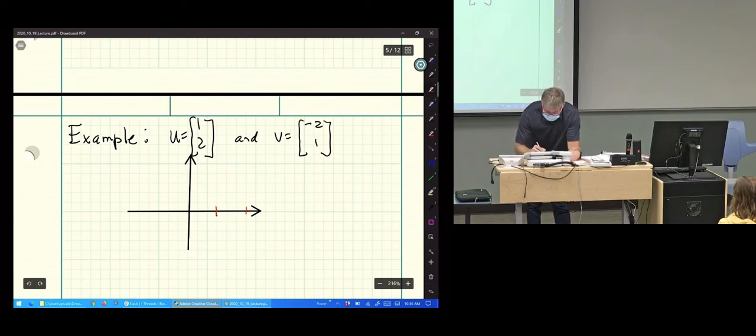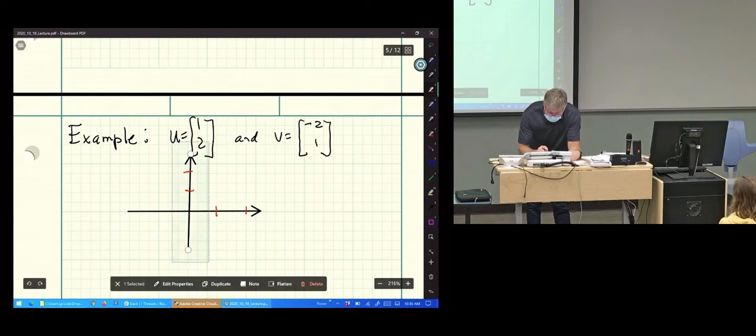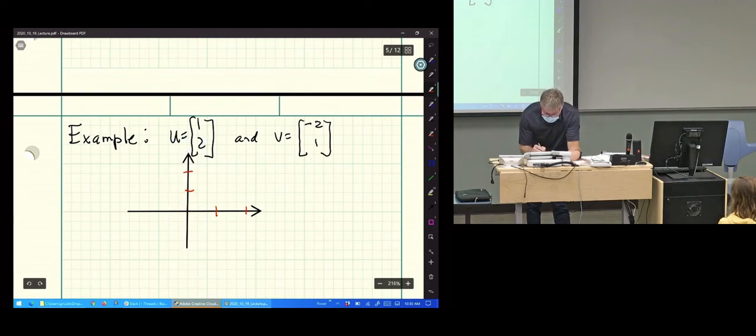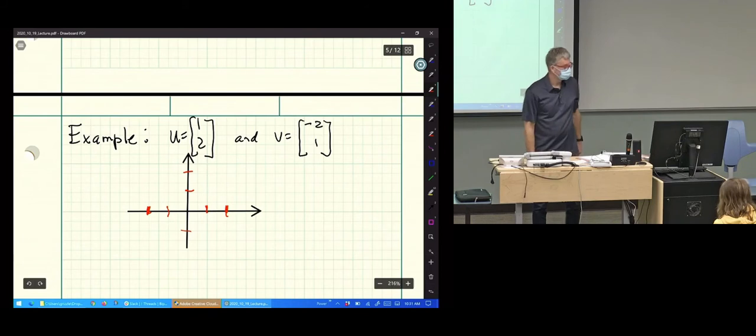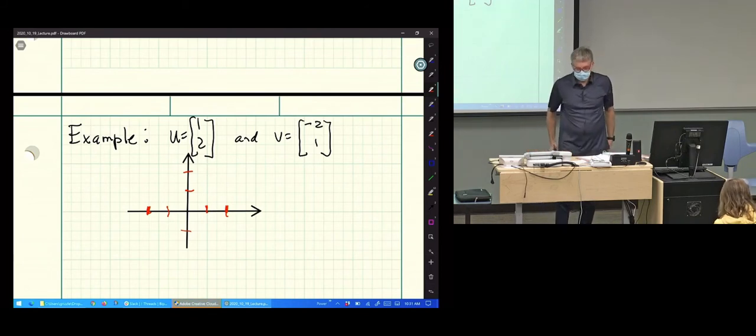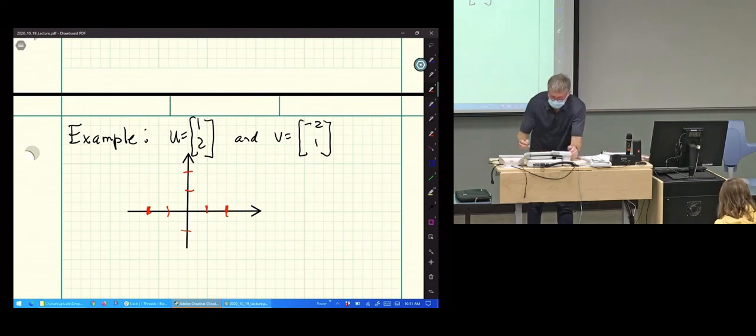Make this 1, this 2, 1, 2. That's a little bit slanted there. Come on, line up. Hey, I did it. It took me so long to do that, I gave you guys a chance to catch up, I guess.